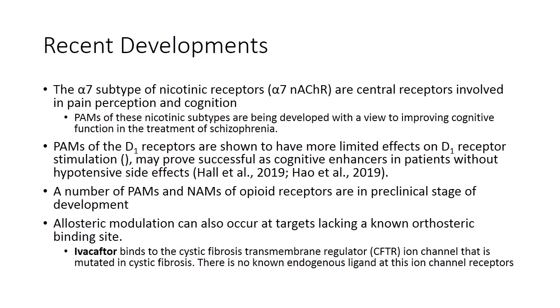An example is ivacaftor, which binds to the cystic fibrosis transmembrane regulator, CFTR, that is controlled by a gene. It is an ion channel that is mutated in cystic fibrosis. This CFTR naturally does not have any endogenous ligand or hormone normally.